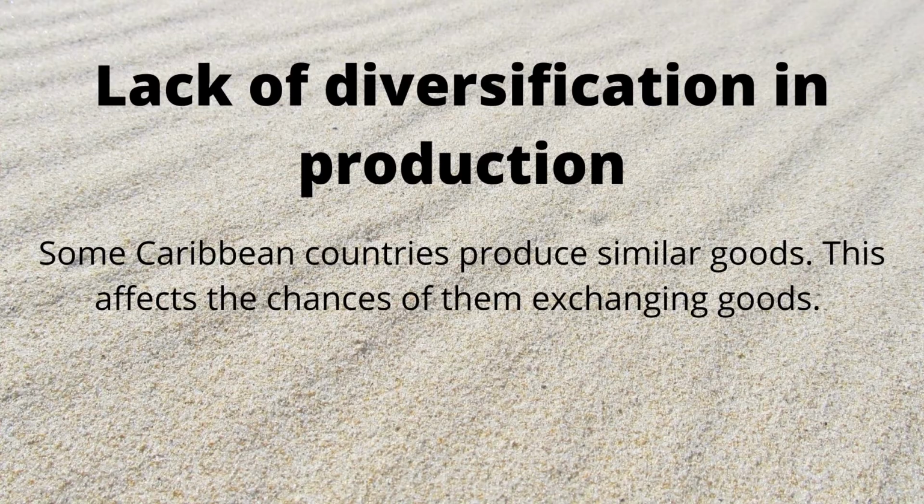So diversification here means variety. So what I'm saying is that there is a lack of variety in production, in the goods that are produced, right? So if there's a lack of variety, then it is going to prove to be a barrier to regional integration, because you want to exchange things with people that don't have the same thing that you have, right?